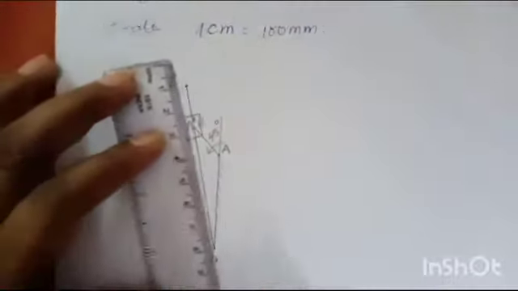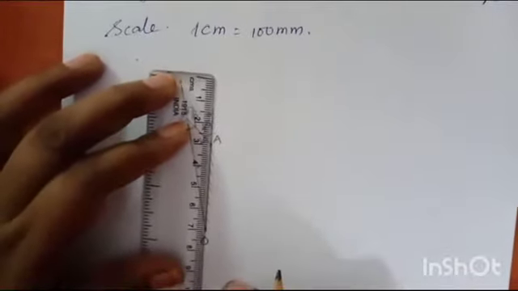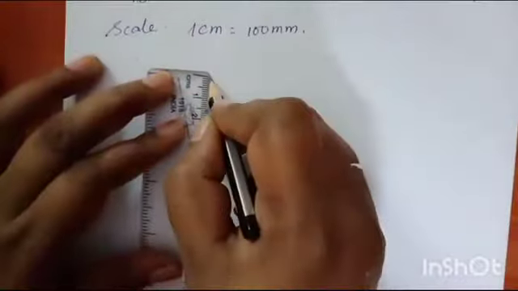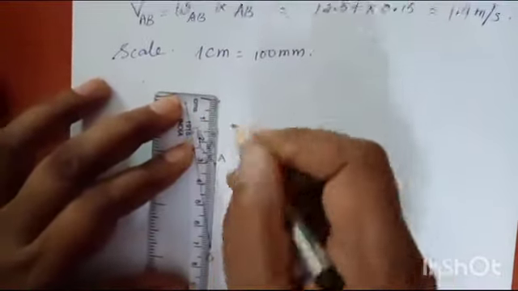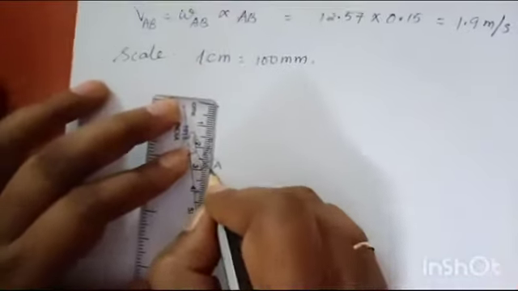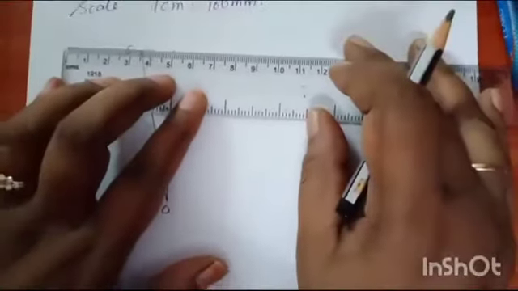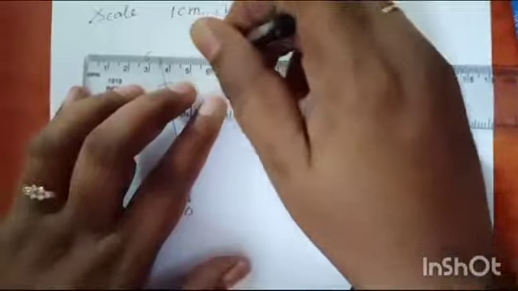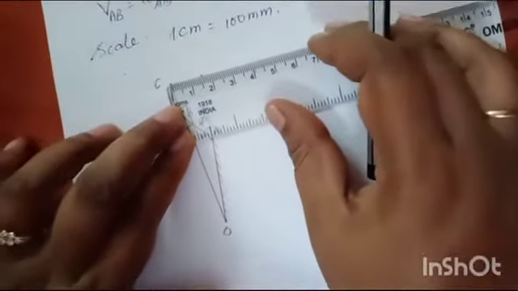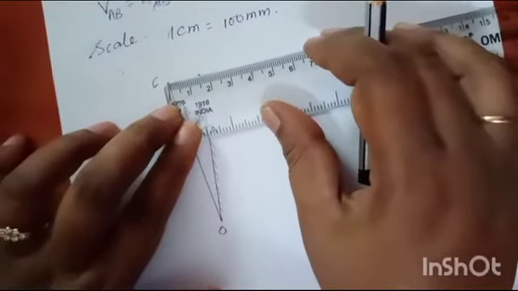For the ram D, they have given two conditions. From this fixed end, or from this A point, it is vertically 300 mm. So simply draw a horizontal line from this. Now from the C point, it is 200 mm of distance.